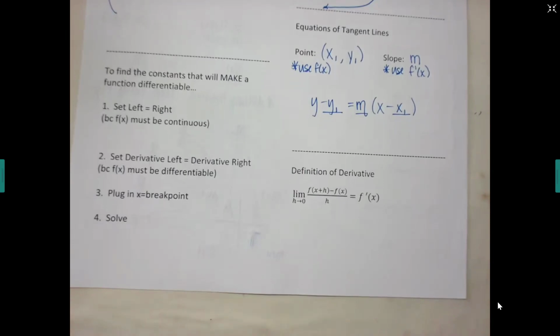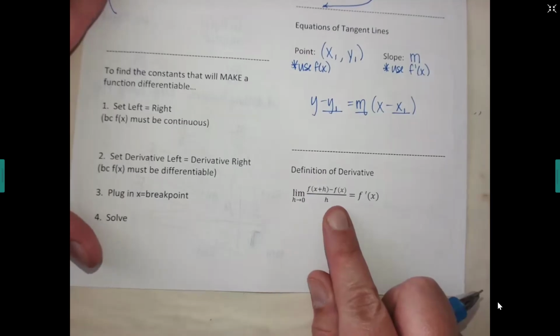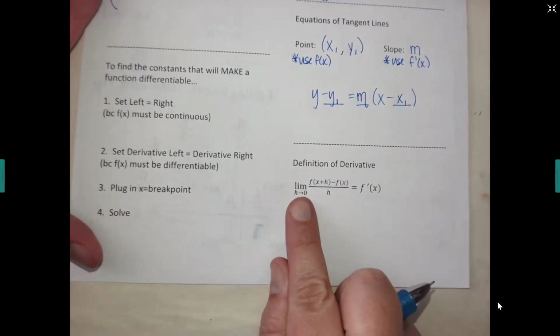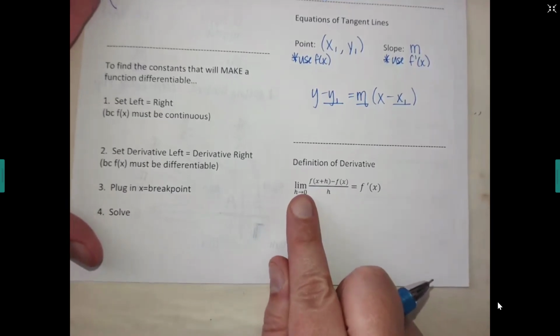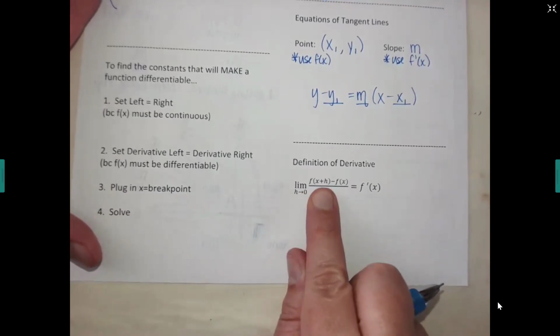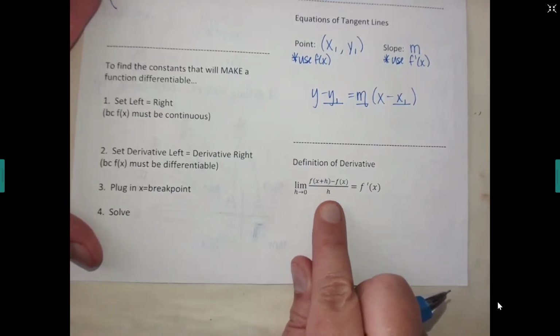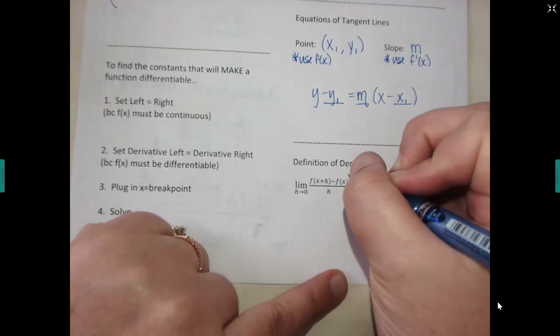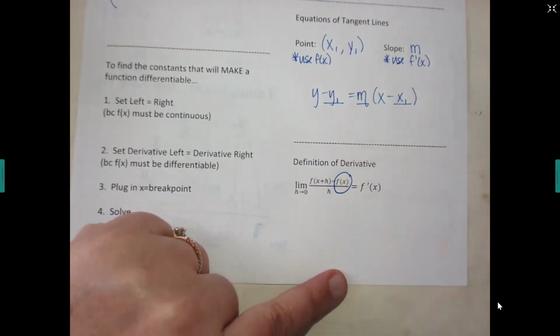The last thing that we talked about in this unit is the limit definition of a derivative. Remember, you do not have to be able to work these out the long way. All that you have to do is recognize that limit as h approaches 0 of f of x plus h minus f of x over h means take the derivative. So all that you're going to do is circle the function, not the minus.